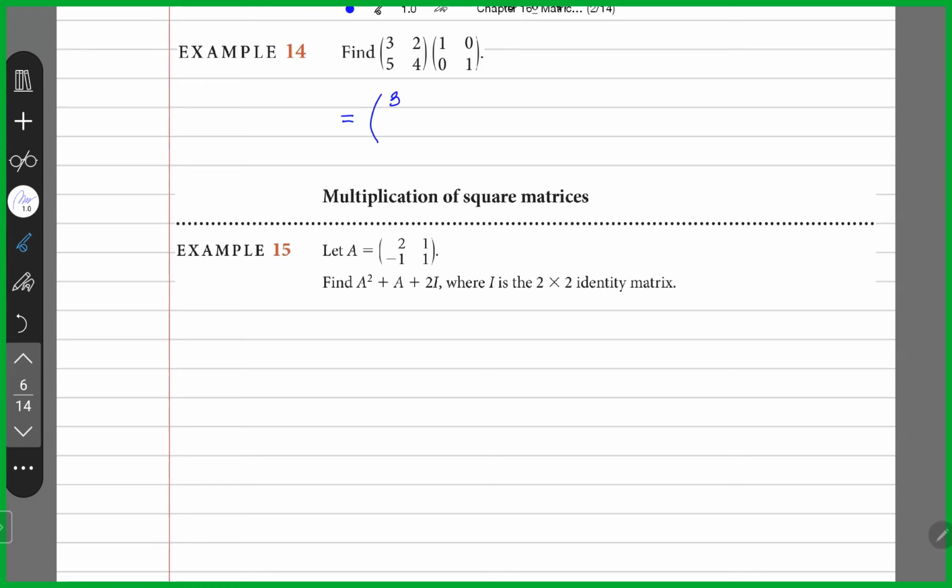So this would be 3, 2, 5, 4. You could do the multiplication if you want to, but I don't think it's necessary, because multiplying by the identity matrix is the equivalent of multiplying a real number by 1.